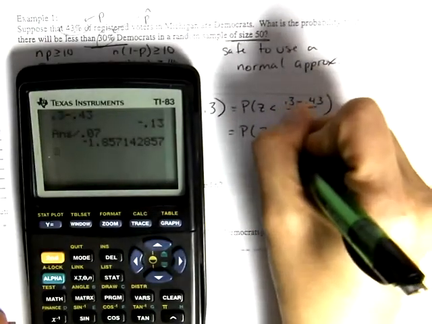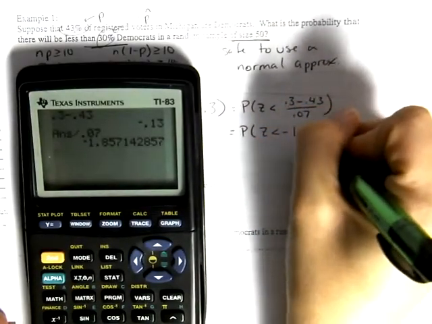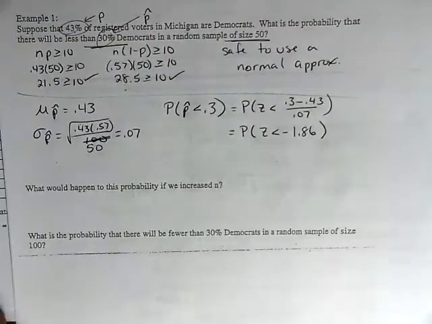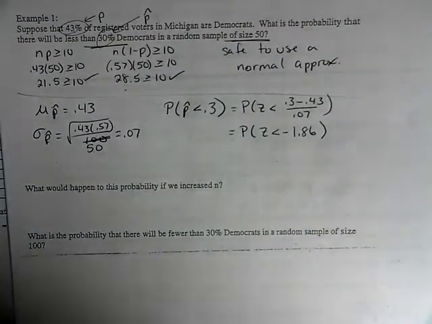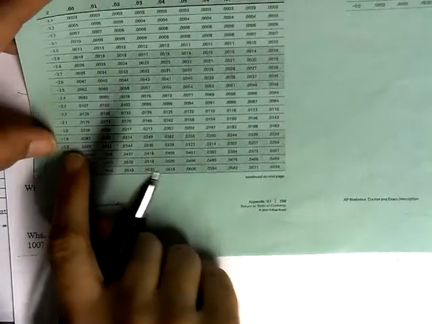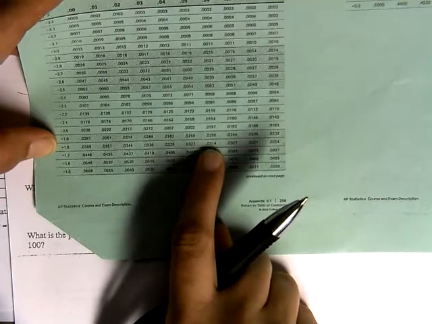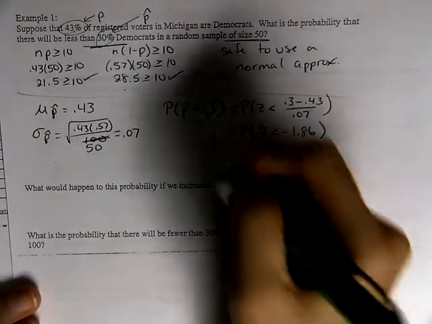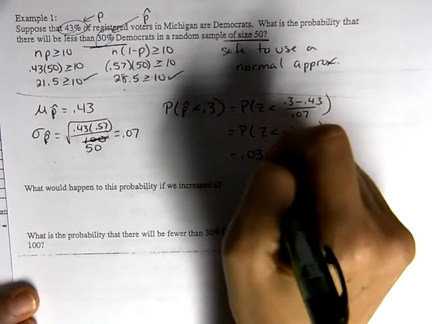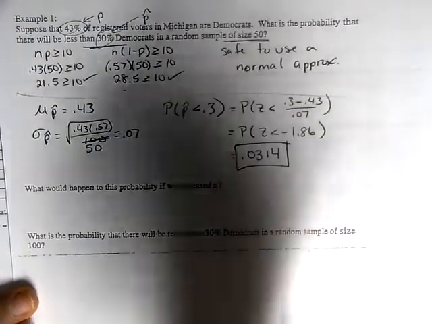So z is less than negative 1.86. So formula sheet, negative 1.86, 0.0314. So about a 3% chance.